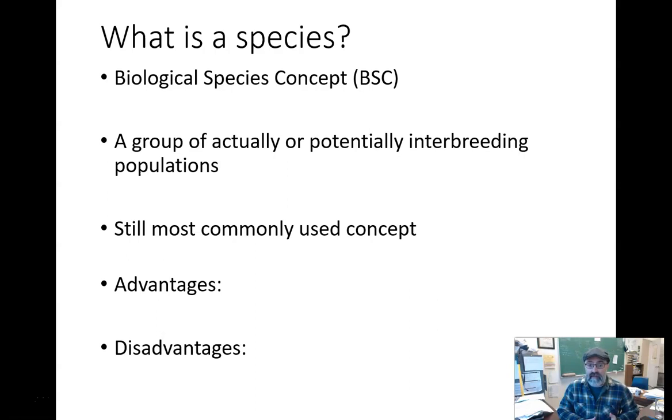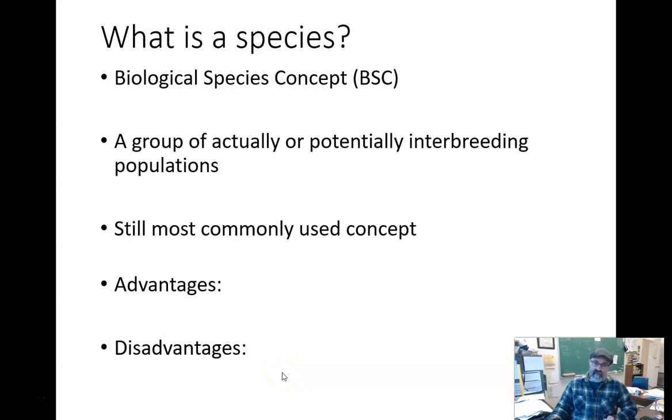So two groups objectively either can interbreed with each other or they can't. A male and a female can bring their gametes together, and fertilization will happen, and that will develop into a similar individual that is capable of procreating itself, or not. So that is an advantage.